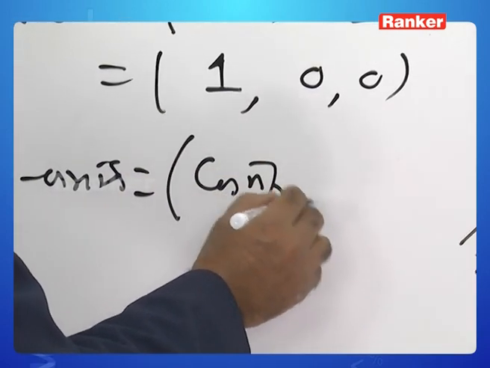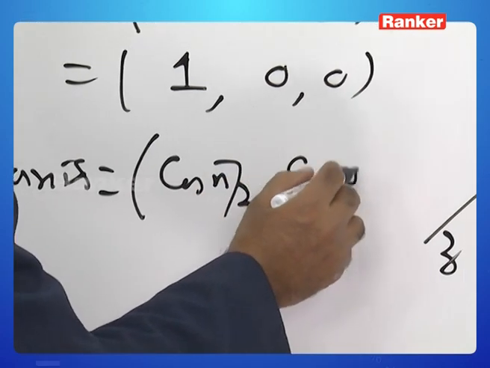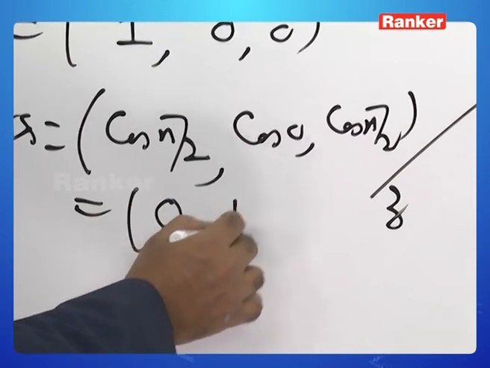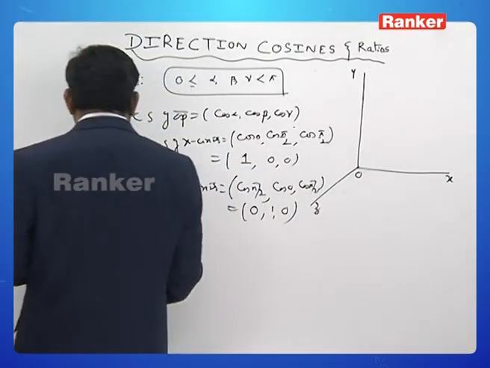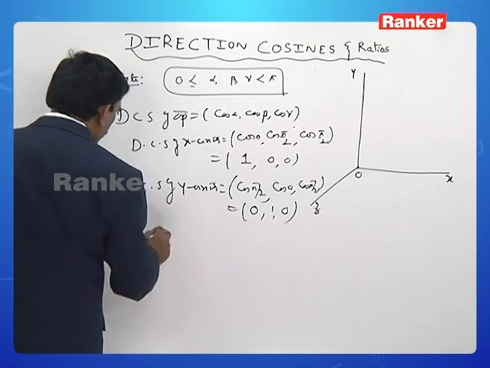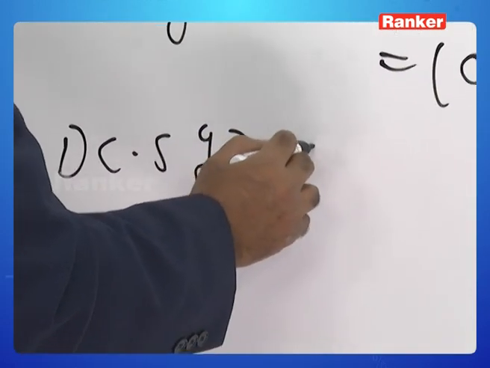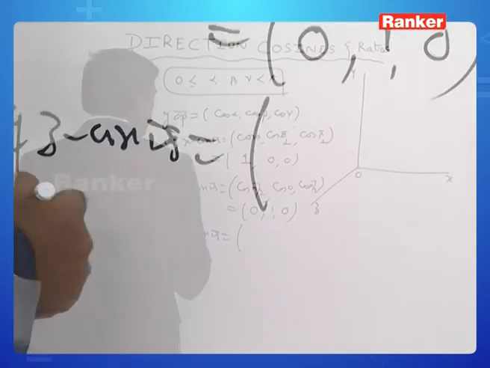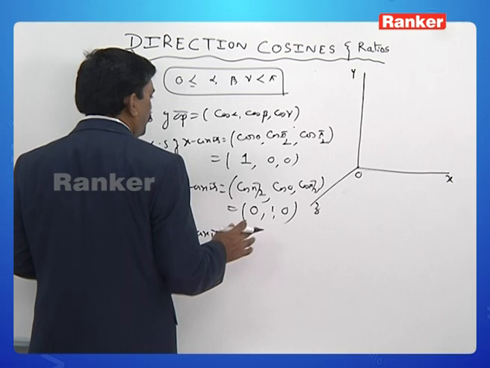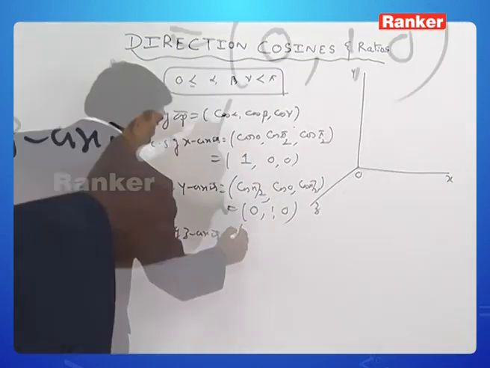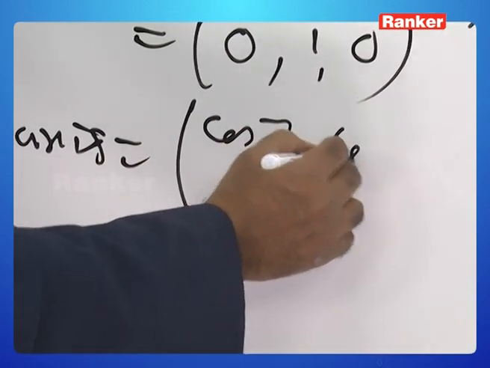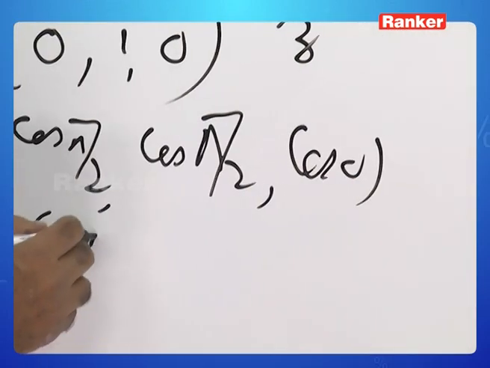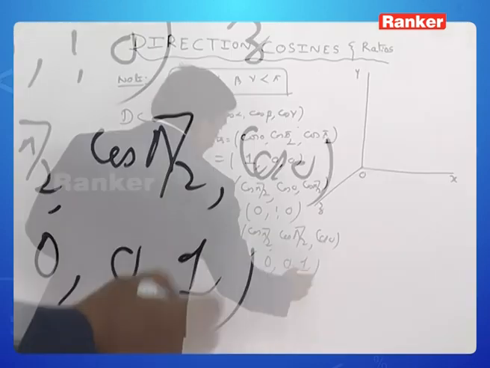Therefore the DCs are 0, 1, 0. Next, the DCs of the z-axis: the z-axis makes an angle pi by 2 with the x-axis, pi by 2 with the y-axis, and 0 with the z-axis. Therefore the DCs are 0, 0, 1.